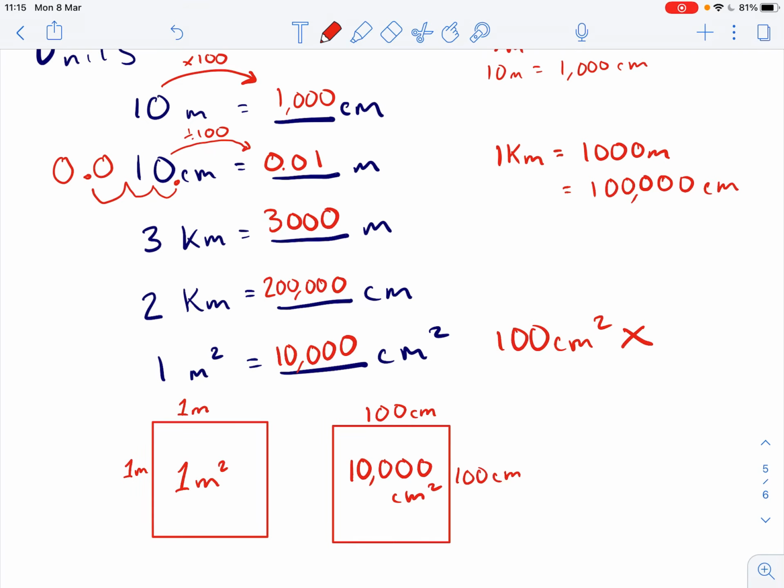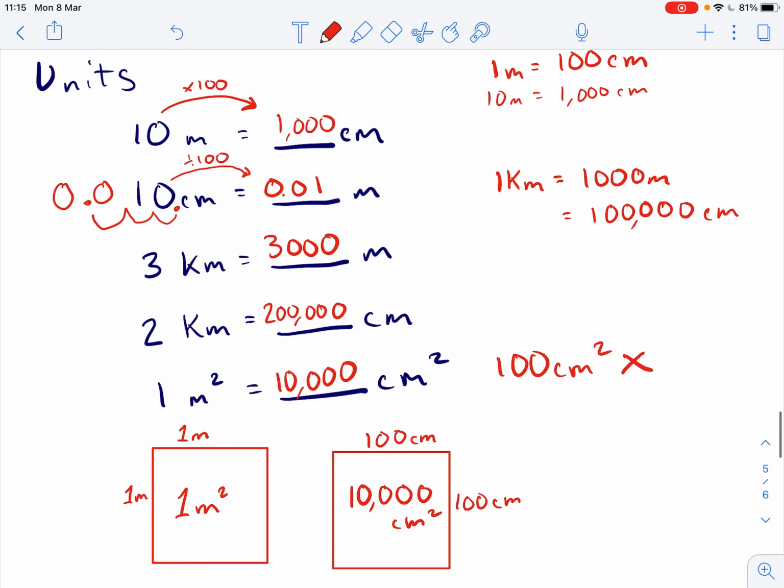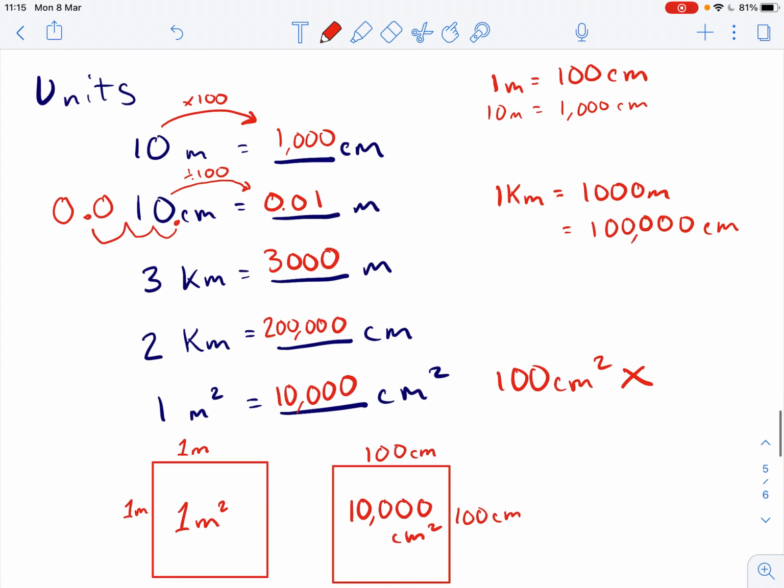So this is what we're going to have a look at today in a little bit more detail. If you want a title today, I guess our title could be just units, maybe in 2D.